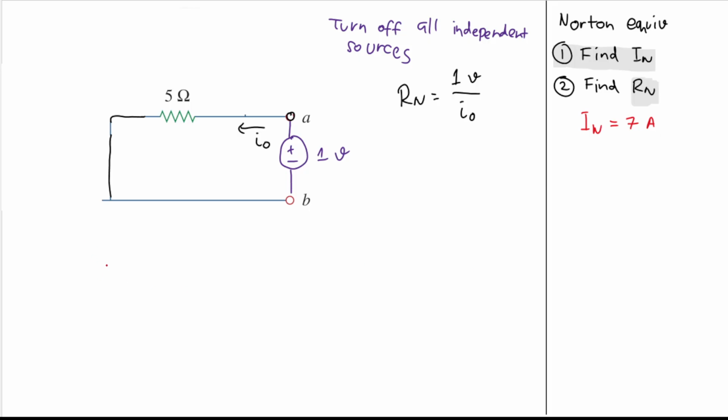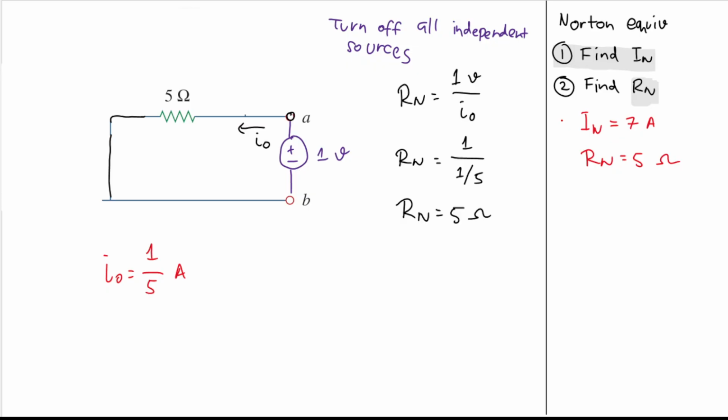I0 is equal to 1 volt divided by 5 ohm, in amperes. Then RN is equal to 1 volt divided by 1 over 5, so our Norton resistance is equal to 5 ohm. And so we have the two most important values that we need.